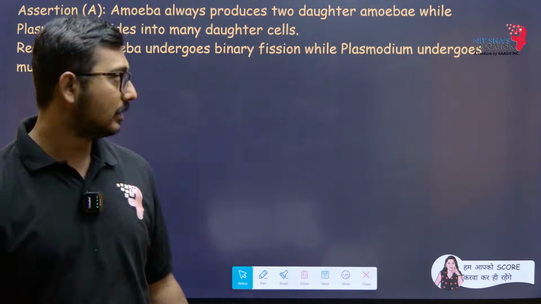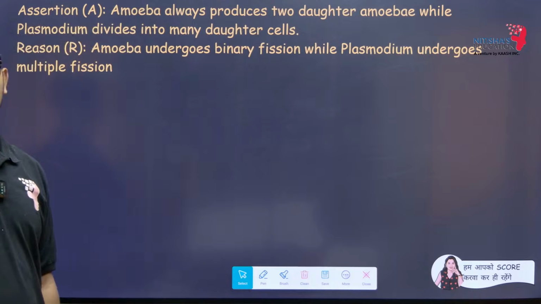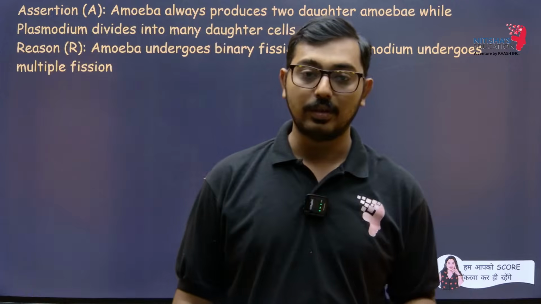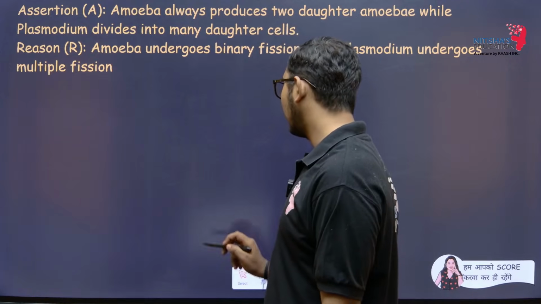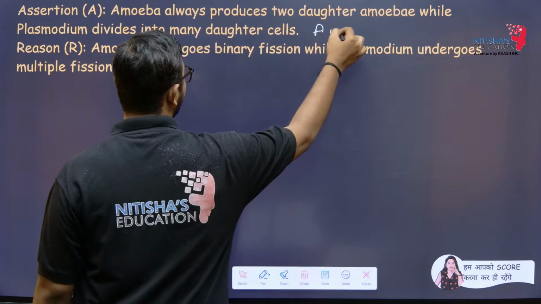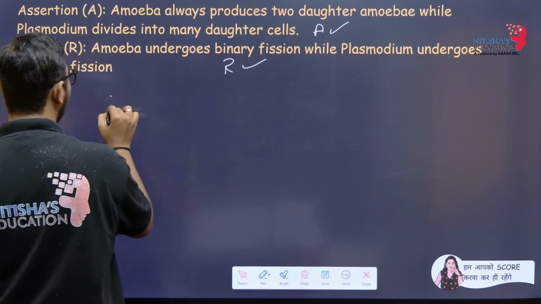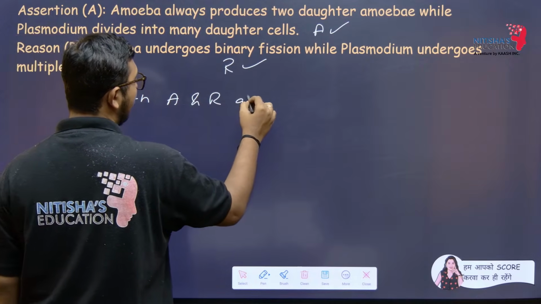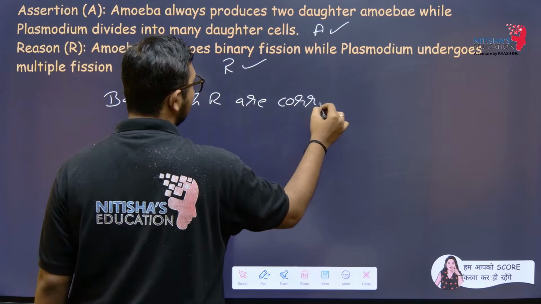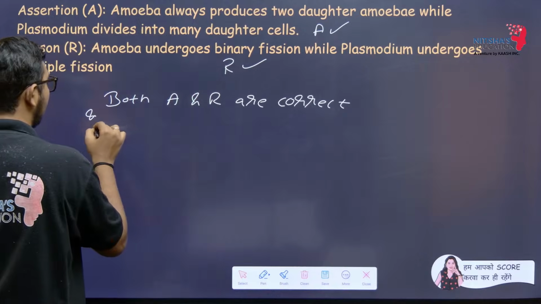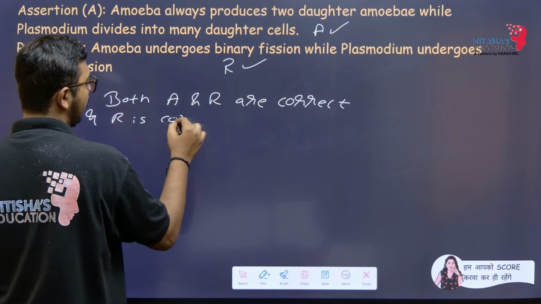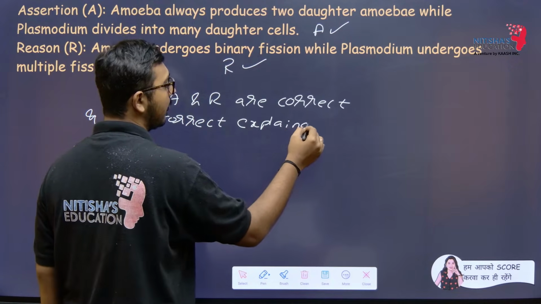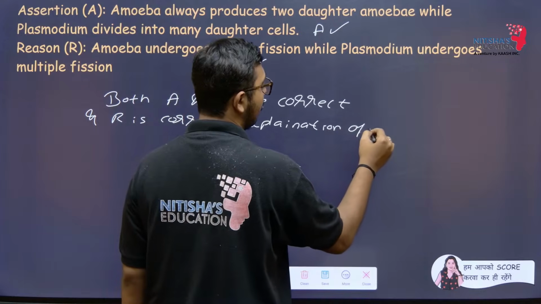But as Plasmodium undergoes multiple fission, it provides more than 2 daughter cells. So both assertion and reason are true. Both assertion and reason are correct, and the reason is the correct explanation of the assertion.